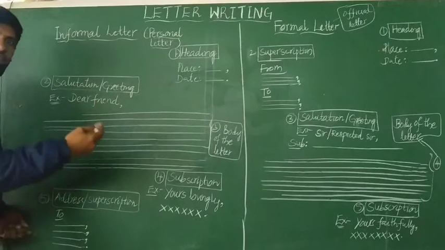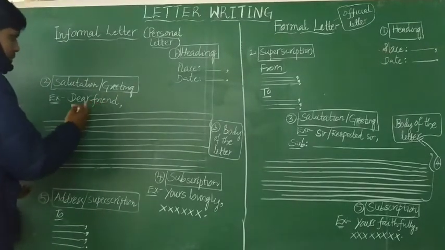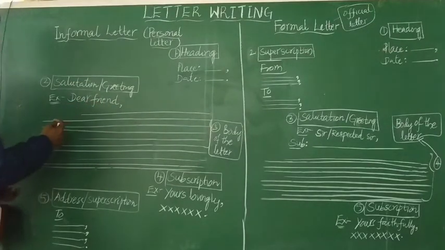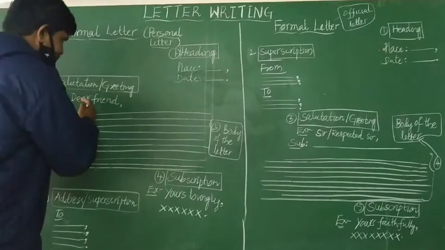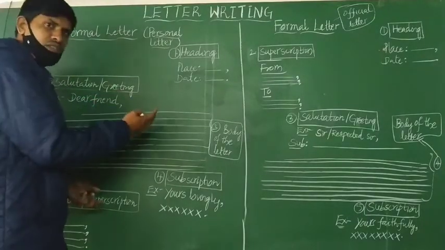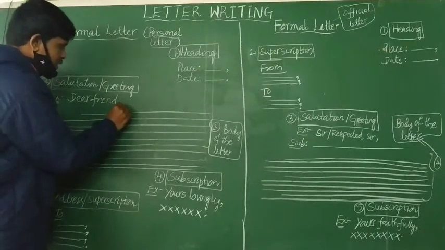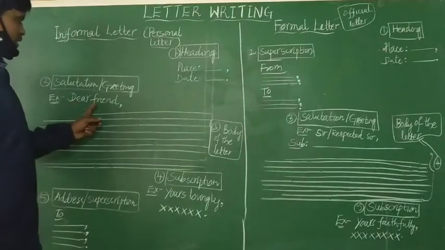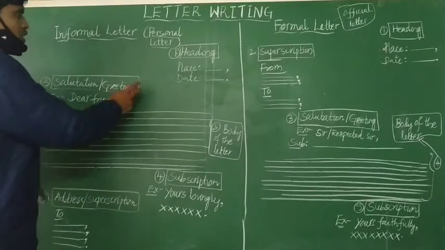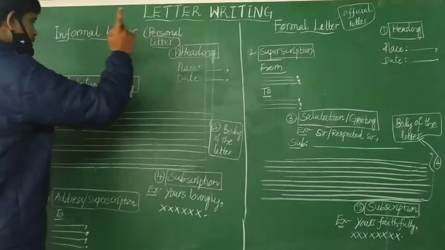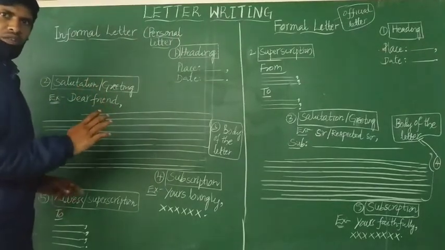Salutation or greeting means wishing: dear friend, dear father, dear mother, dear Ravi; a name also you can write. Afterwards you have to keep a comma. This is also very important. After the salutation you should keep a comma. So the first is the heading, the second is the salutation or greeting. We have completed 2 steps.